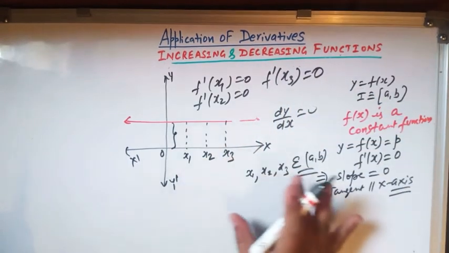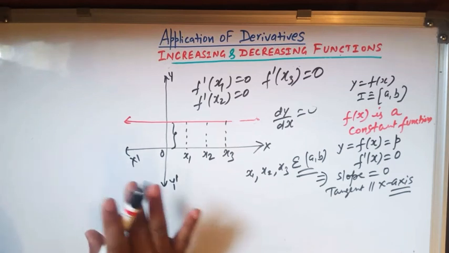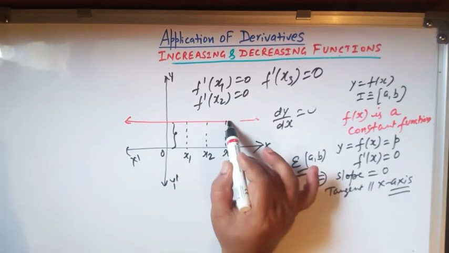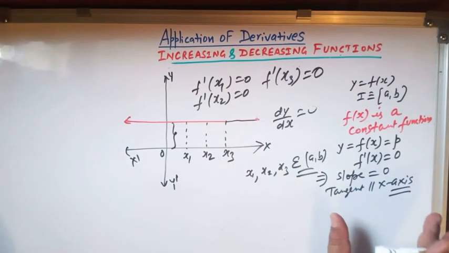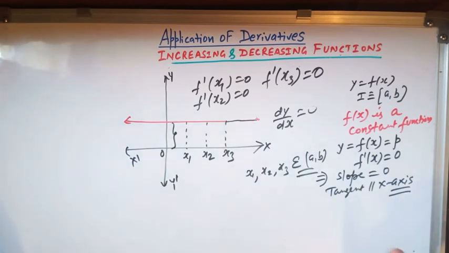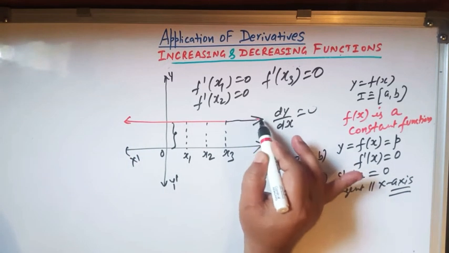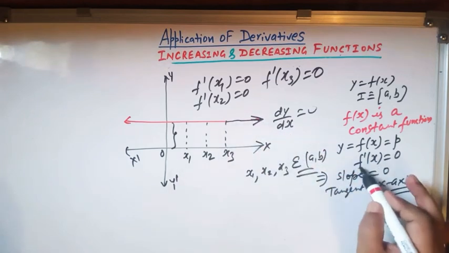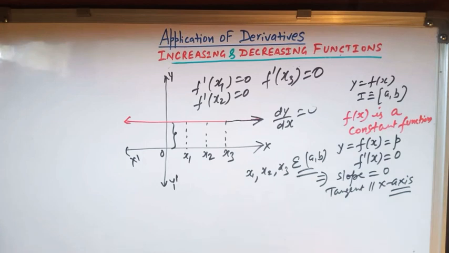So at all points the slope is 0, and the tangent at all these points is parallel to the x-axis. So this represents a constant function. When f prime of x is 0, the function represents a constant function. Clear?